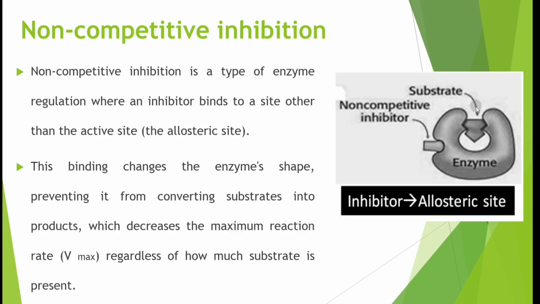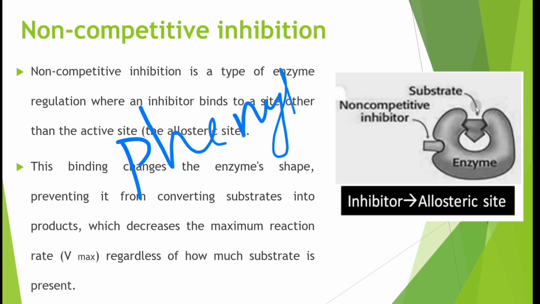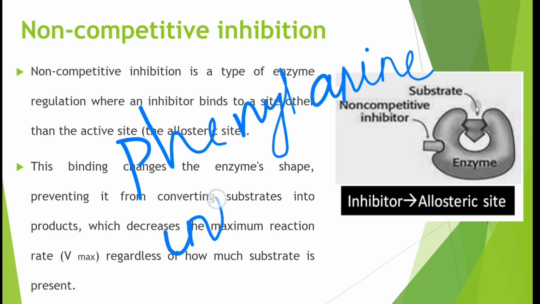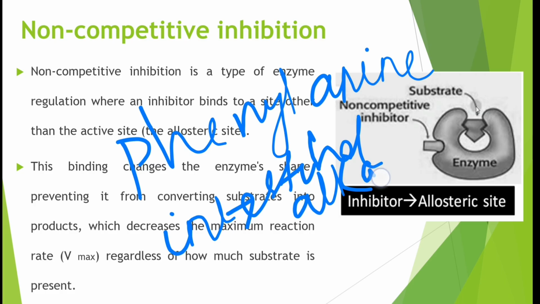So the example is phenylalanine, the uncompetitive inhibitor of the enzyme intestinal alkaline phosphatase.